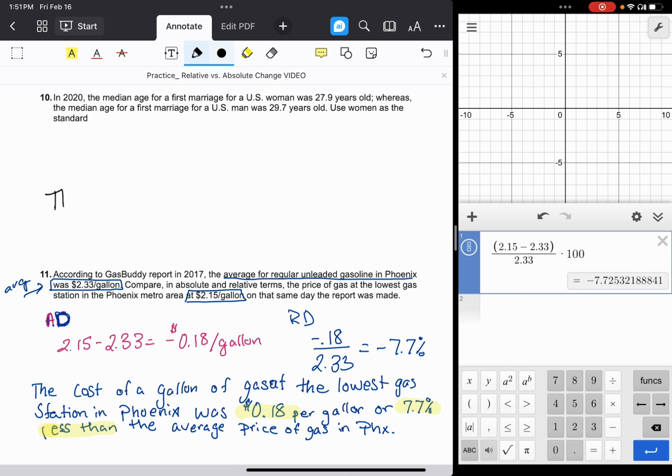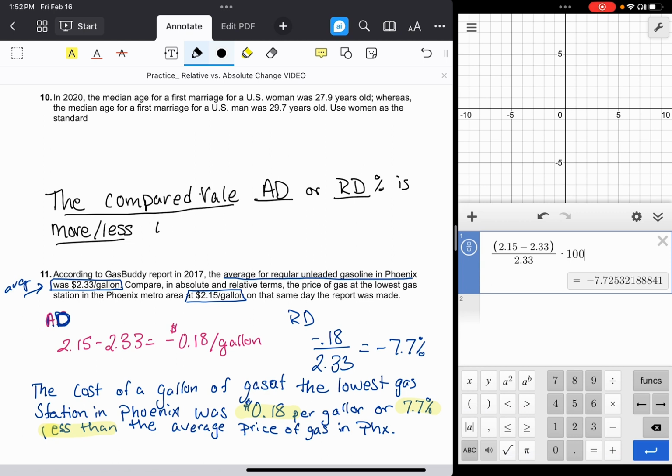We say it's the compared value, whatever it is. And then we write our absolute difference or our relative difference as a percent is, and then we say either more or less, I don't know which one it is, than the standard value.